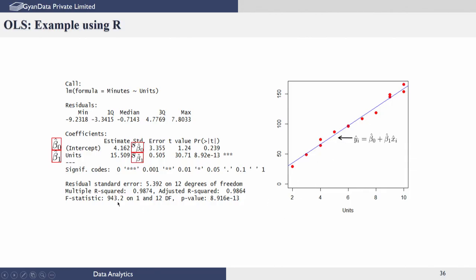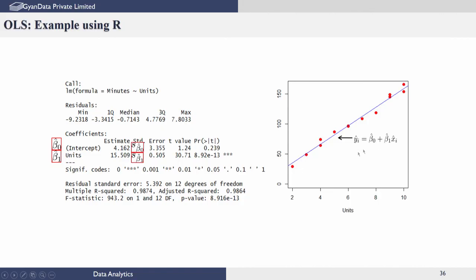Another way of deciding whether the slope parameter is significant or not is to look at the F statistic. Notice the F statistic is very high and the p value is very low, which means you will reject the null hypothesis that the reduced model is adequate, implying that you should use beta 1.